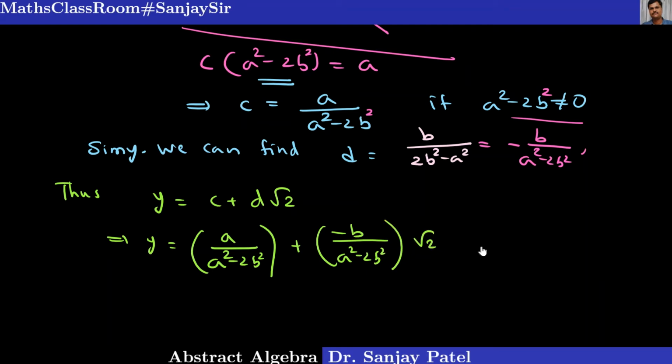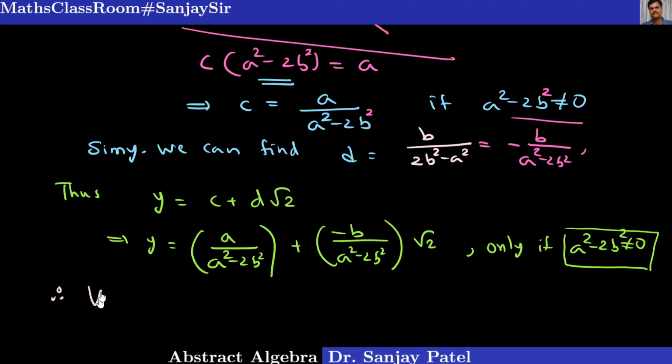Okay, this is well defined only if a square minus 2b square is not equal to 0. So this is an important condition here. So an element in Q root 2 has a multiplicative inverse, which is y, only if this value is not 0.